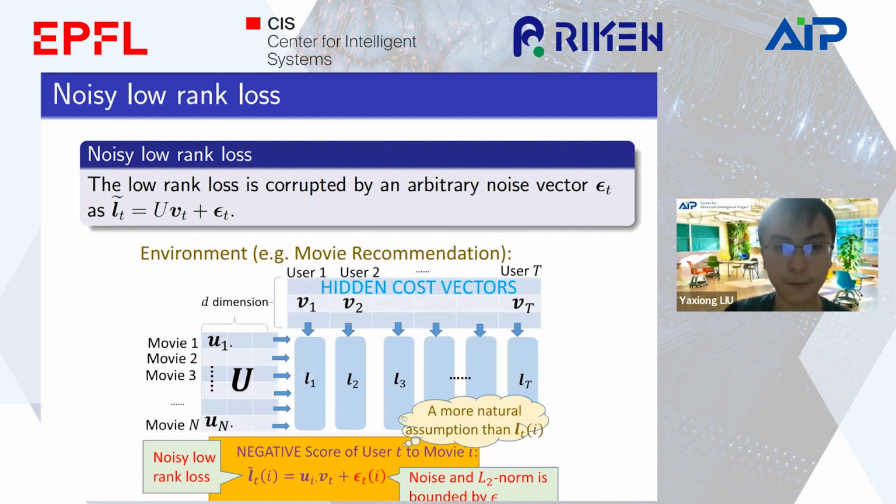Reviewing the movie recommendation system, the negative score of user t to movie i now has a noisy part epsilon_ti added, where epsilon_ti is bounded in L2 norm. I think this is more natural because users have their own interpretations, and influences like emotions affect their attitude to the movies.